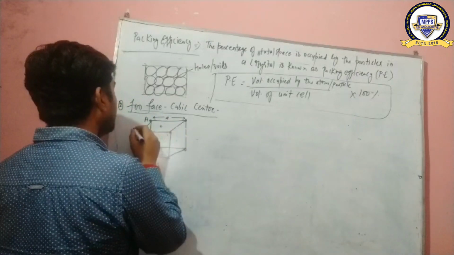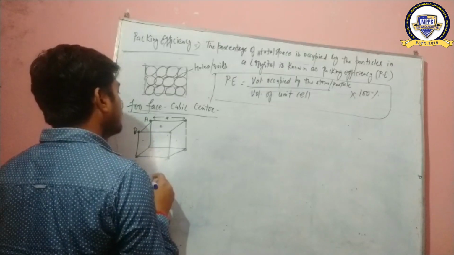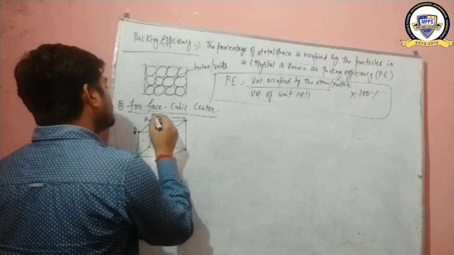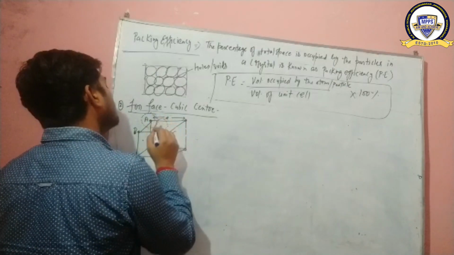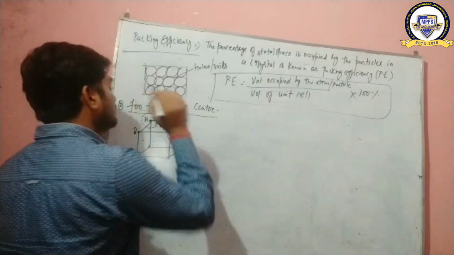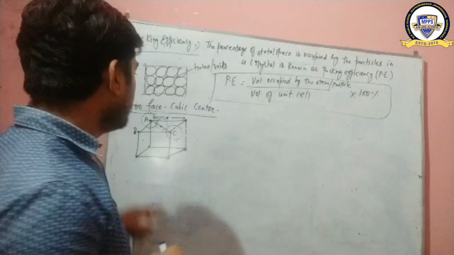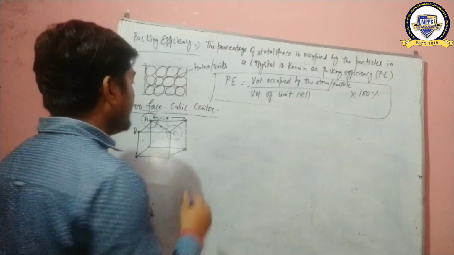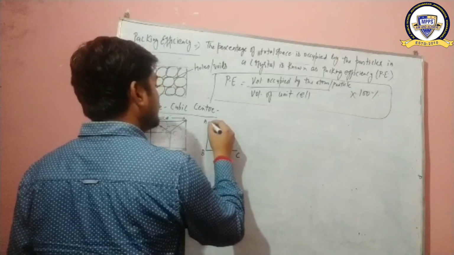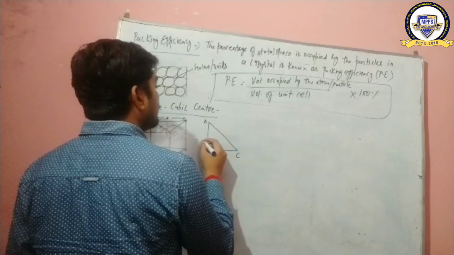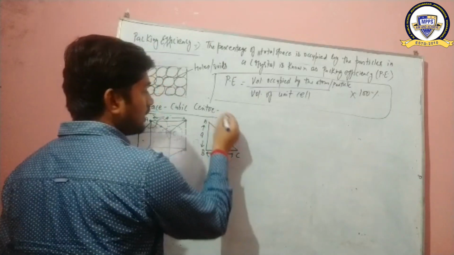This one is A, this one B, and this one C. So if the spherical portion is like this, the spheres must touch along a diagonal, and if you draw the structure, you will get 3 points, A, B and C. This is your length a, this is your base, and this is the diagonal.